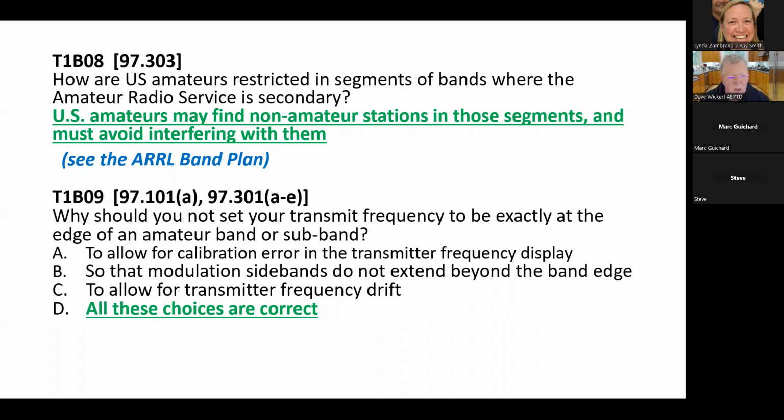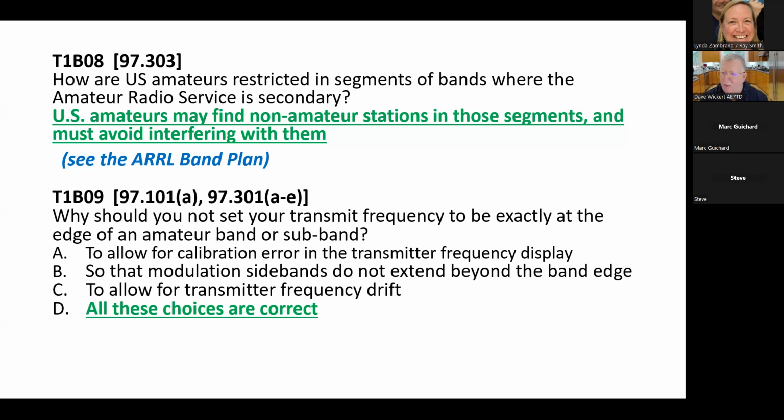Why should you not set your transmit frequency exactly on the edge of an amateur radio band? And all three of these things can happen. Number one, the display that you're looking at may be slightly off in its calibration.